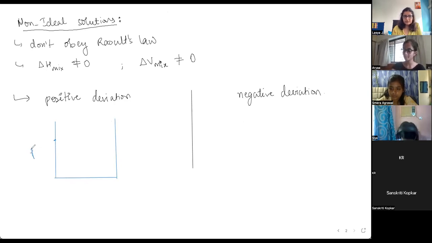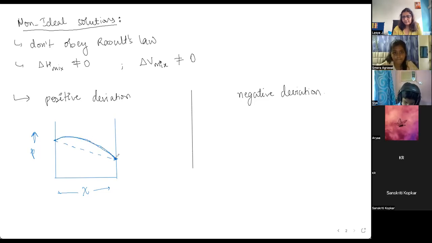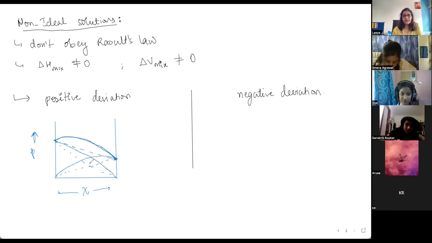Let's say this is partial pressures, vapor pressures, and this is the mole fraction. If this was the ideal case, in positive deviation this is the actual range of vapor pressures that is observed. In the solution, both their vapor pressures are greater than expected. This is the kind of graph that you find.